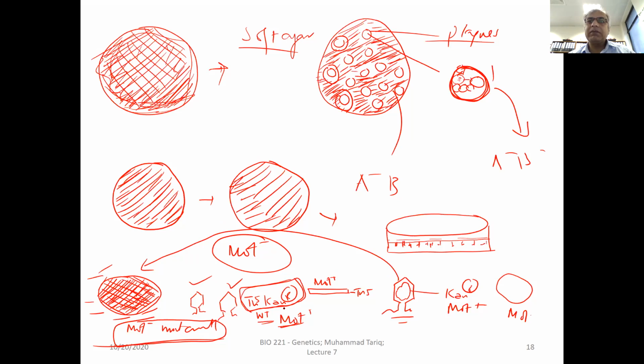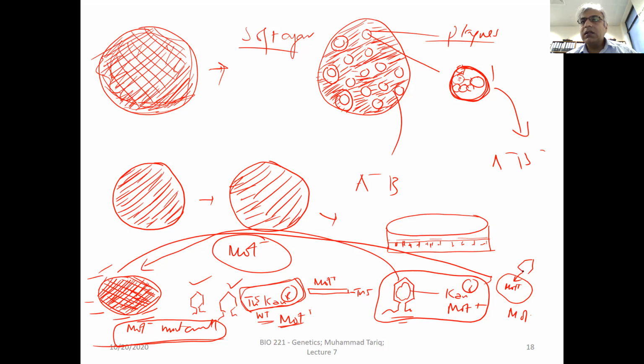Now, if on this lawn, I try to draw here now, this lawn, if one of the phage particles which contains mot plus gene has infected this bacteria, mot plus came on the phage genome, bacterial genome was mot minus.